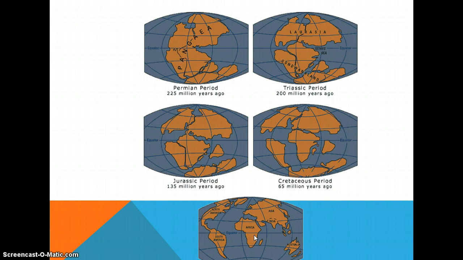Now what will happen is some plants and animals will grow on these continents, and some will grow on those continents. Some will be only here, some will be only here. And what also happens, which is really interesting, is that some animals evolve differently.